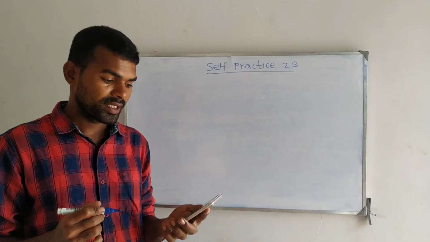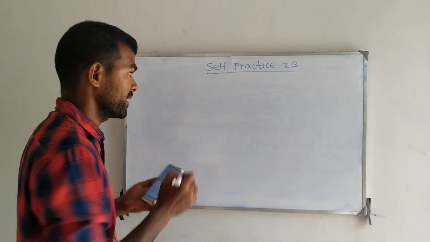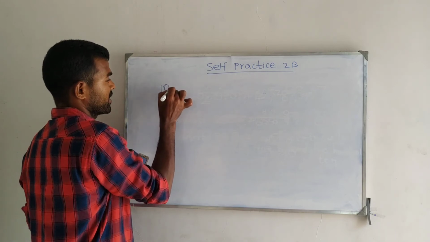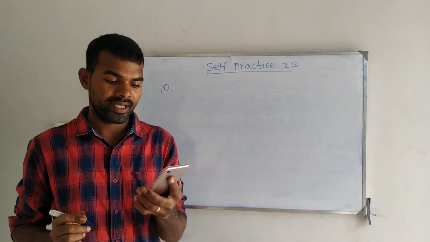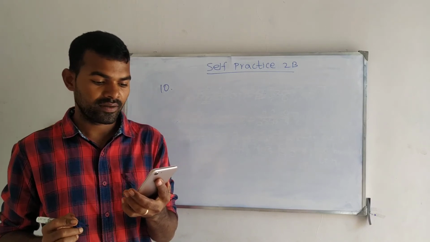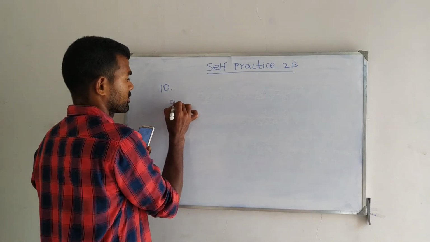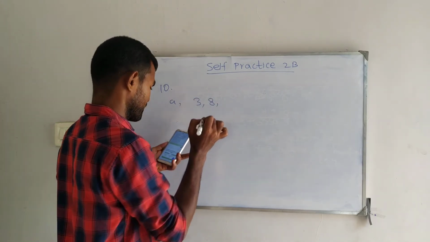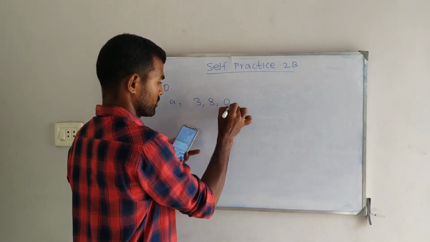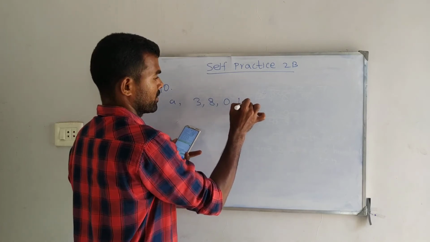Now we will complete our last question, question number 10. Write the smallest and the greatest 8-digit number using the following digits: 3, 8, 0, 1, 7.